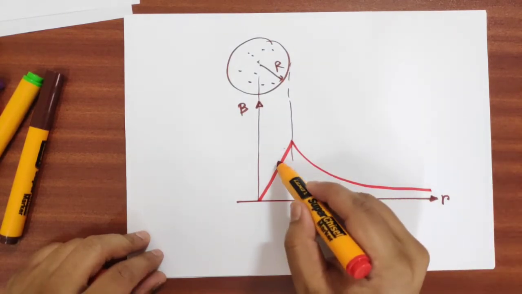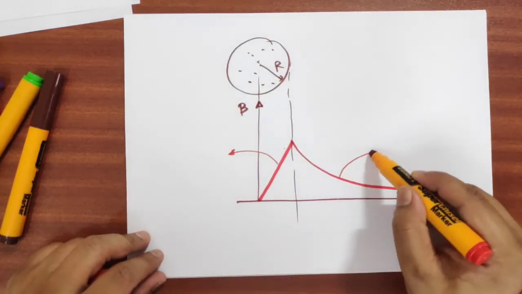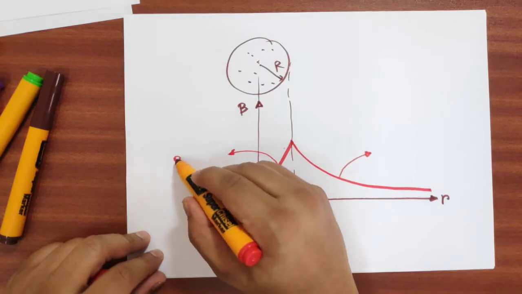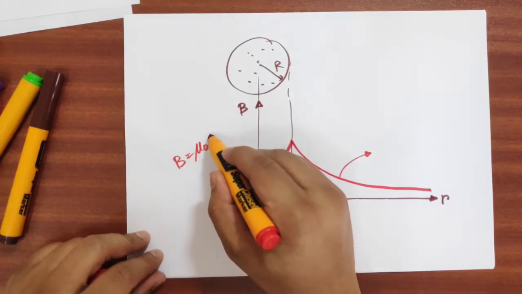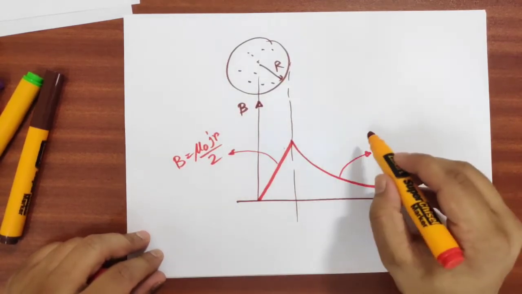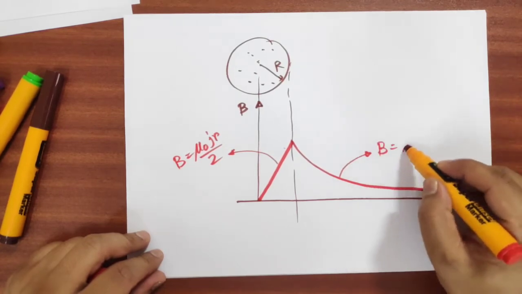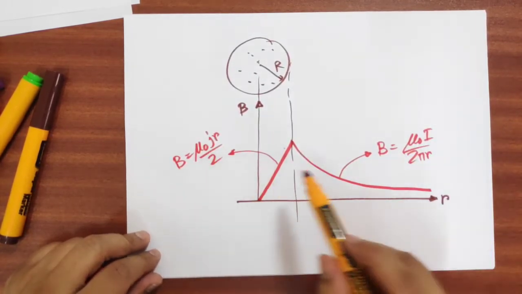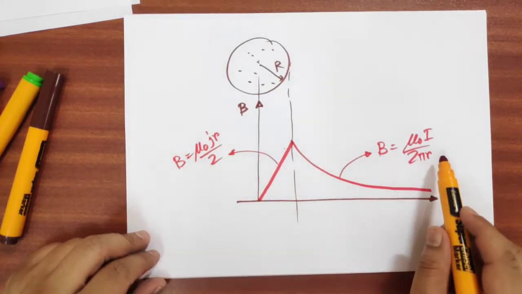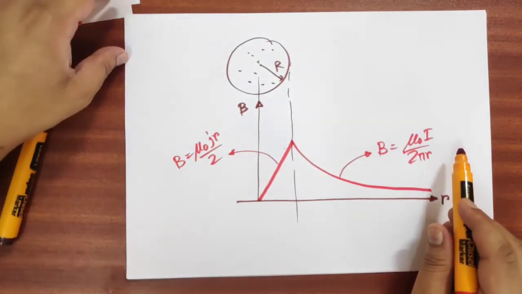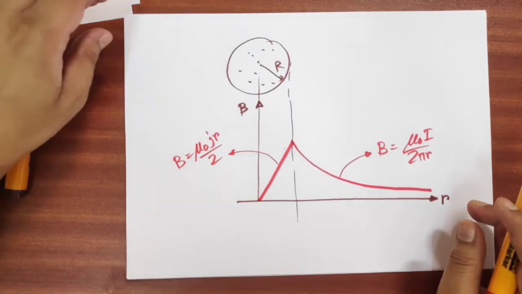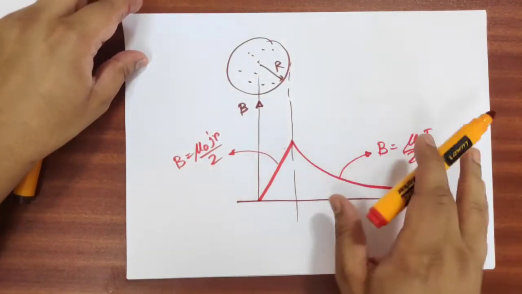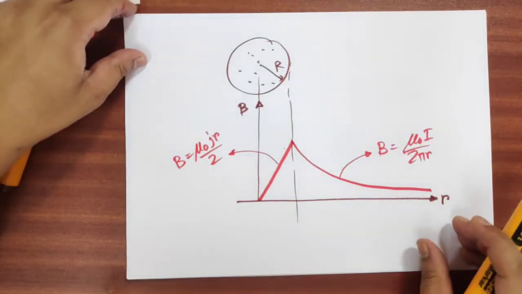For this part of the curve the equation is mu naught J r by 2, and for this part the equation is mu naught I by 2 pi r. So here it is directly proportional to r, and here it is inversely proportional to r. This is a straight line and this is a rectangular hyperbola.